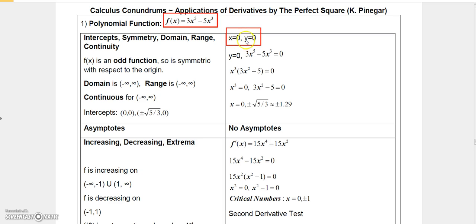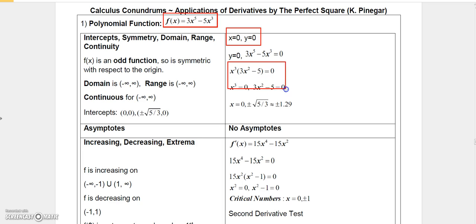Now, since I let x be 0 there, I'm going to let y be 0. If I let y be 0, I would be solving the equation 3x to the fifth minus 5x cubed equals 0. Then I can factor out an x cubed, and I get x cubed times (3x squared minus 5) equals 0.